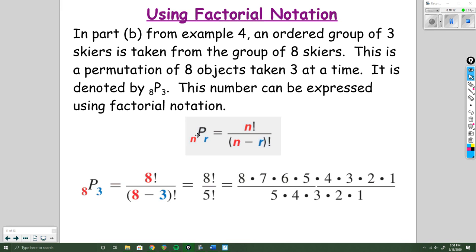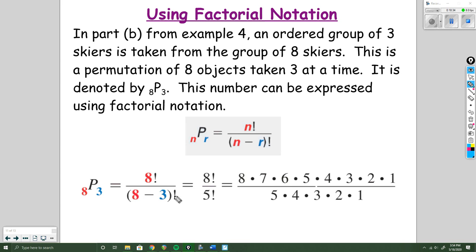So to calculate nPr, the amount of permutations of n objects if we're choosing r, it's n factorial over n minus r factorial. In this previous case, that would be 8 factorial over 8 minus 3 factorial.